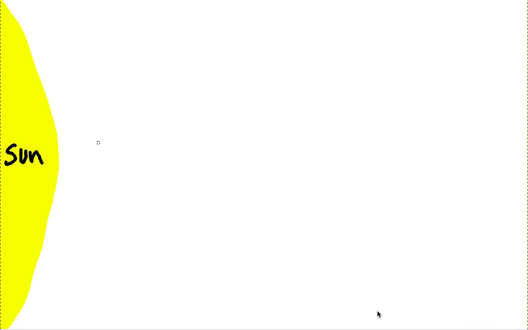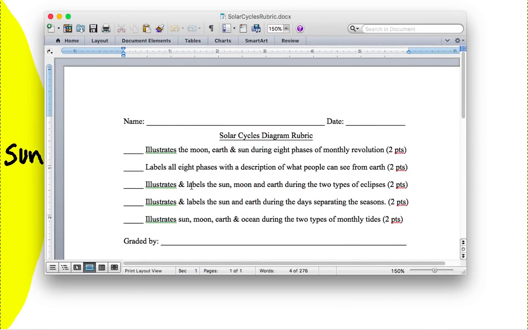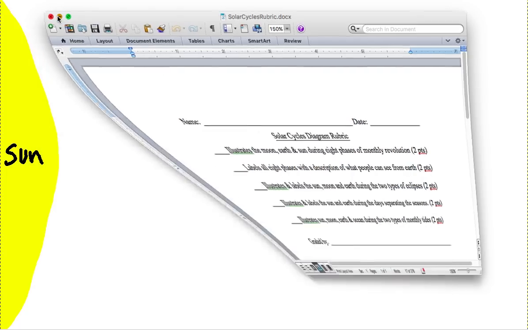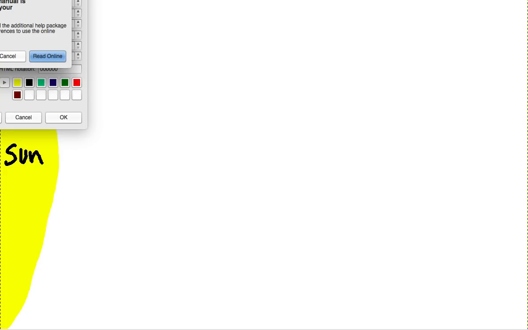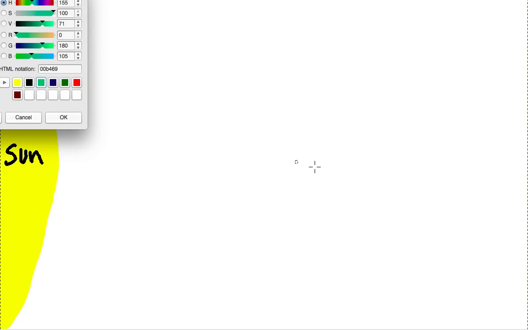All right, so the next part of the rubric is to illustrate and label the sun, the moon, and the earth during the 2 types of eclipses. So let's get our earth drawn here. Draw it a little bit bigger this time.